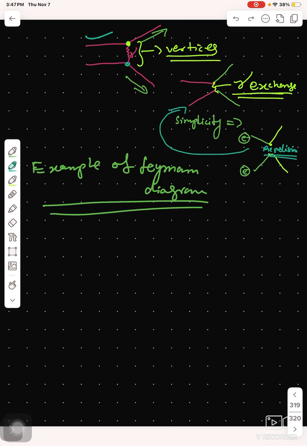So energy and momentum are conserved. Many outcomes are possible. As I said, we can rewrite or redraw a Feynman diagram in many ways, depending on what we want.